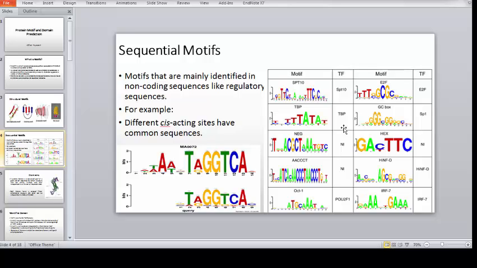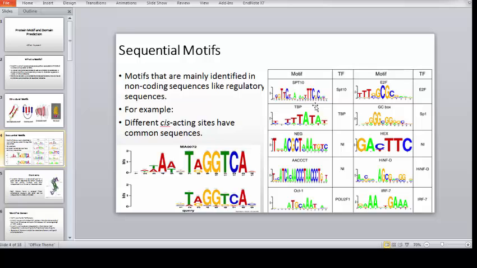Here are some motifs, for example SPT10, these are transcription factors, and a motif that is present on the promoter is showing TC, TTC. These are conserved in all promoters. This means these conserved residues should be present if the transcription factor SPT10 is to bind on this promoter region.